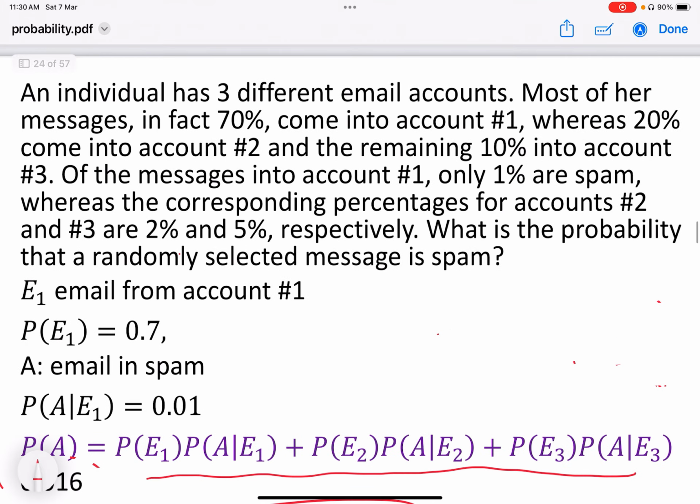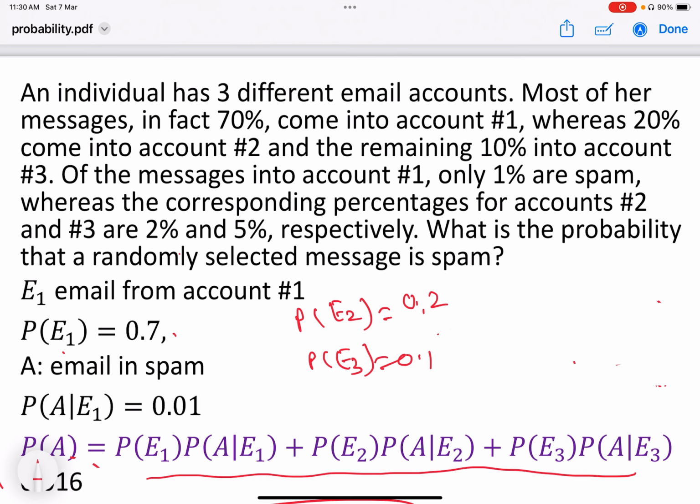So we have 3 different things. So we can write P of E1 is 0.7, then P of E2 is 20%, so that is 0.2, okay? And so on. P of E3 is 10% into account 3.